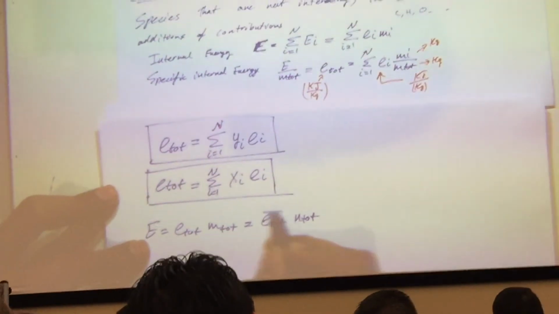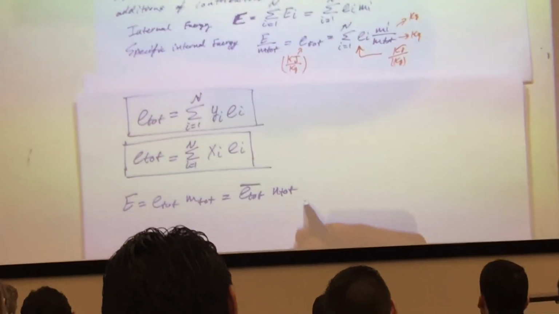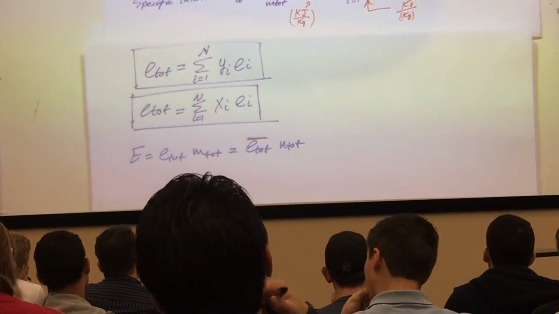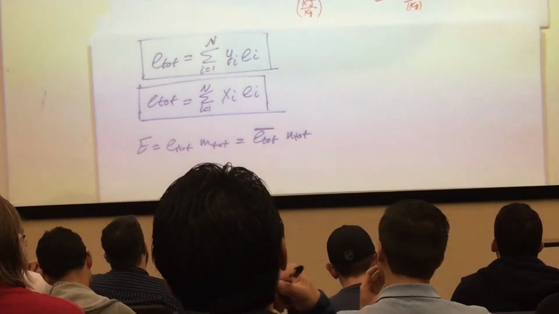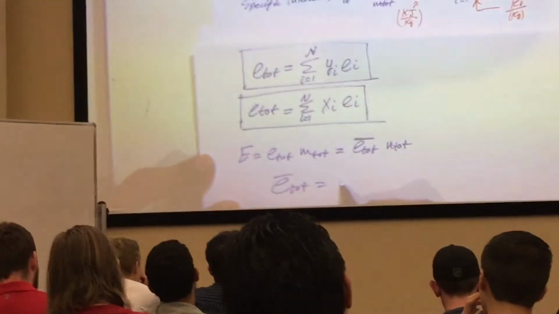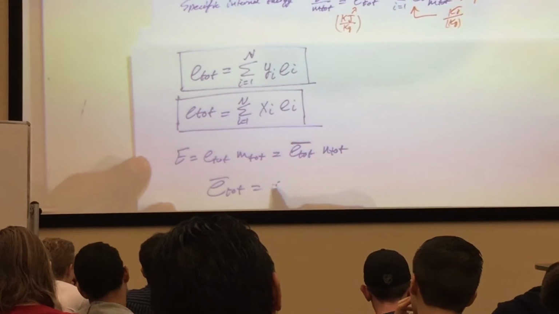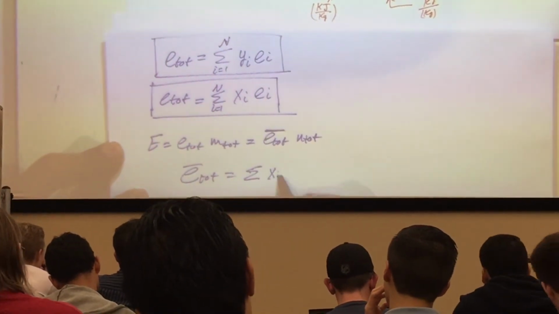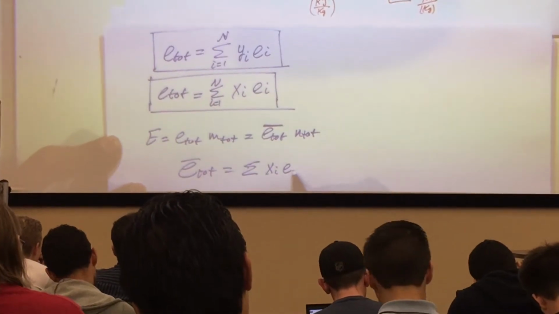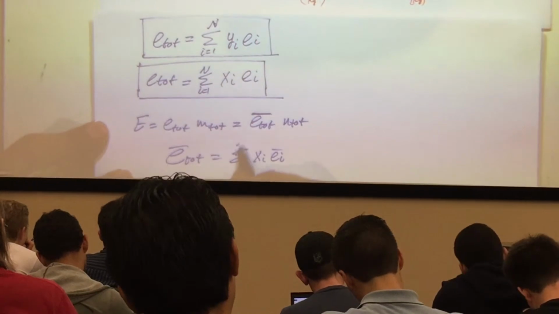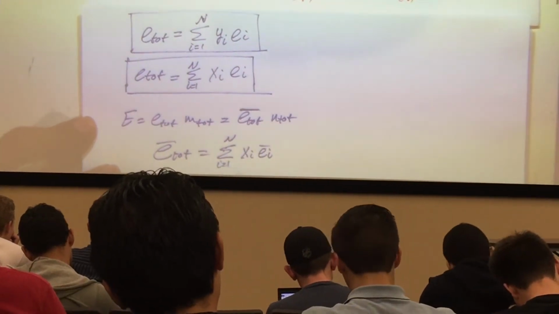Well, that means I have to convert that E total to have the same balance as my M total, mass total. So how do I get E bar total? It's simply equal to the summation of each individual mole fraction multiplied by my energy for that specific species, i equals 1.